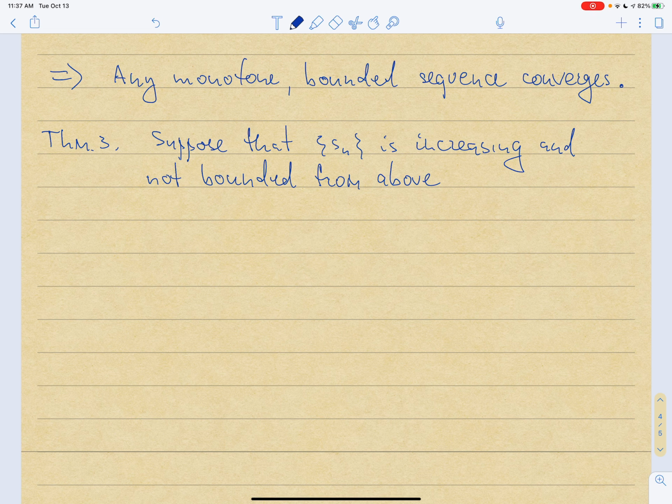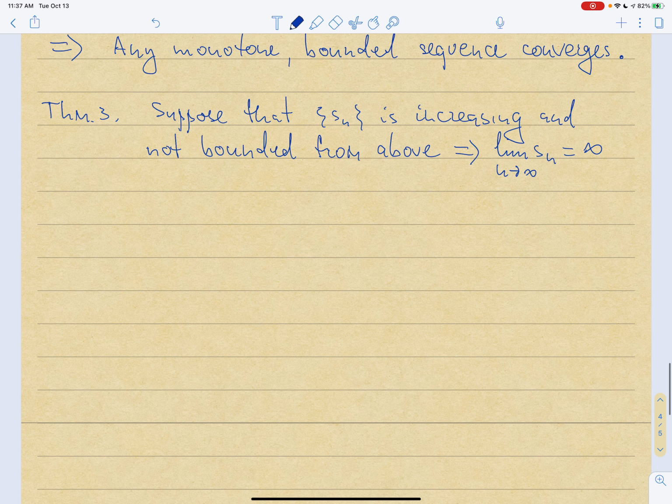So if a sequence is increasing without bound, then it's easy to see that the limit as n goes to infinity of Sn ought to be infinity. And now let's try to prove this. Again, the proof should involve the definition of the infinite limit.